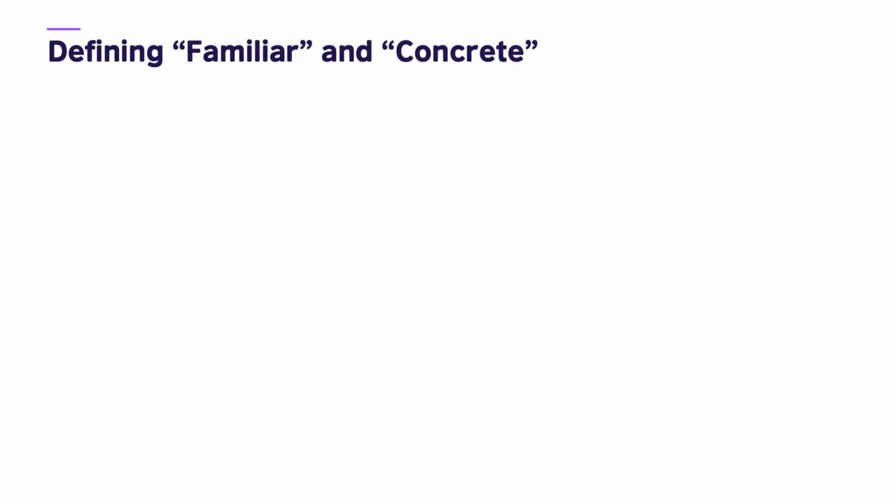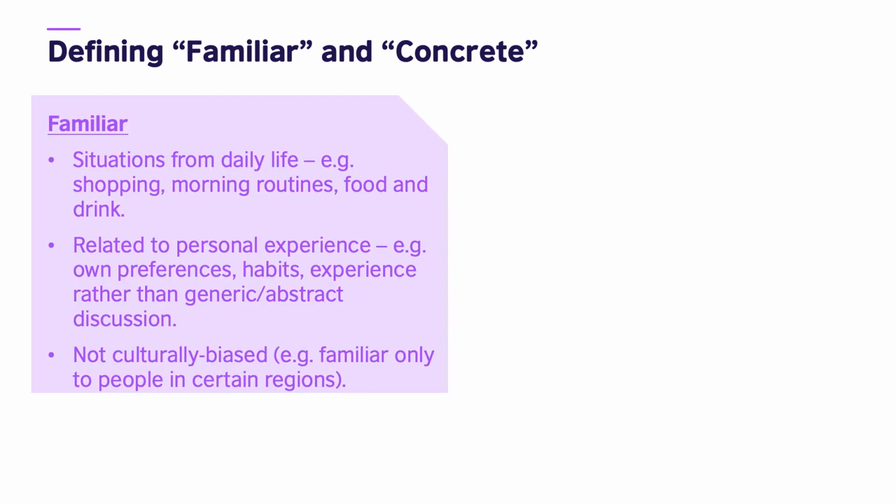As we saw in the descriptors, at A1 and A2 levels, there is a strong emphasis on the basic and the familiar. Here, we will look in more detail at what these concepts mean for the purposes of item writing. Familiar refers to common situations from everyday life: shopping, morning routines, food and drink, and so on.